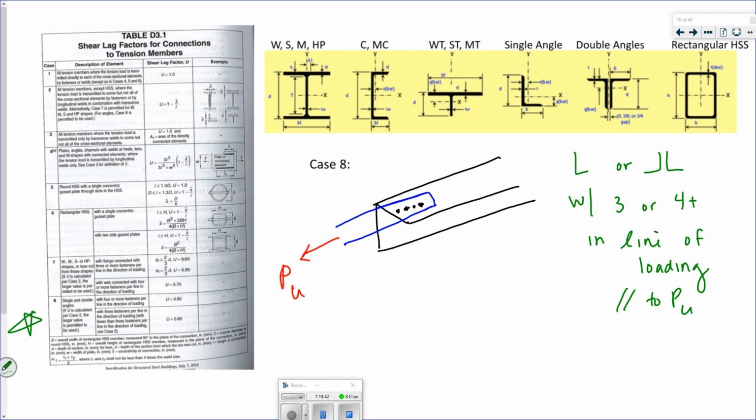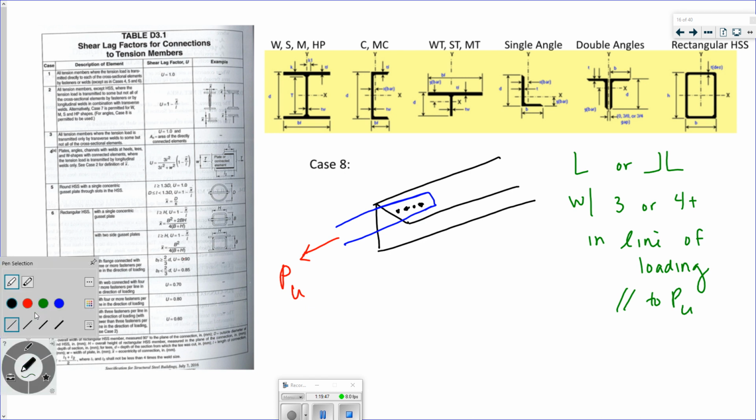And an example of like 3 with a double angle would look like, let's see, this is the hardest one to draw.